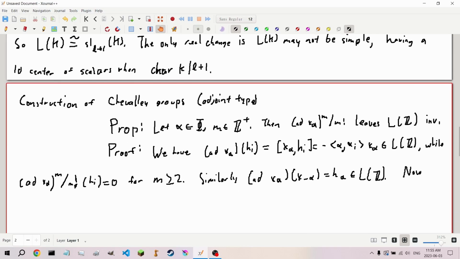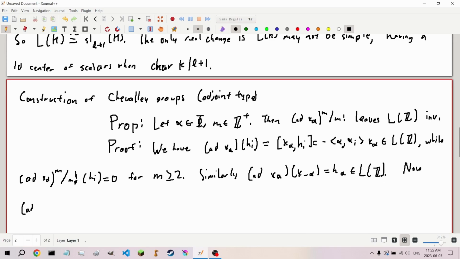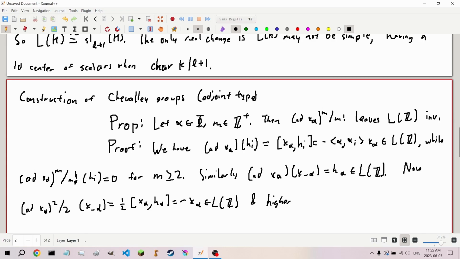Now, the adjoint of x alpha squared over 2 on x negative alpha is going to be 1/2 of the bracket of x alpha on h alpha, which is negative x alpha in LZ, and higher powers disappear as before.